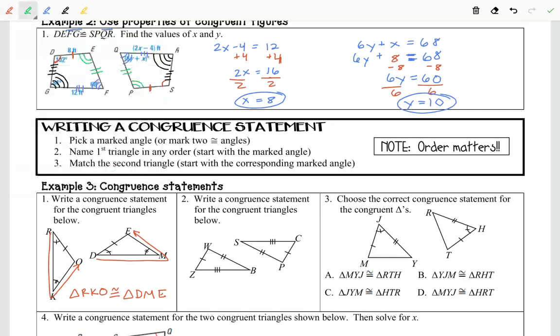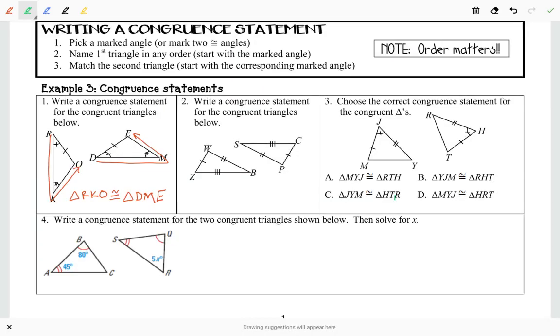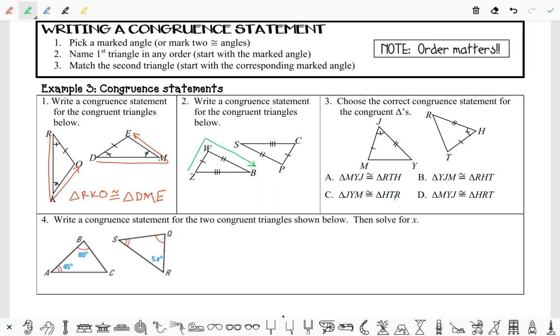So let's try another one. Okay, for this next example, we see that we have 3 pairs of congruent sides marked. So we just need to write our congruent statement. Now, we can go with whatever order we want for the first one. So I've decided to go down the 1 tick mark side, then down the 2 tick mark side.